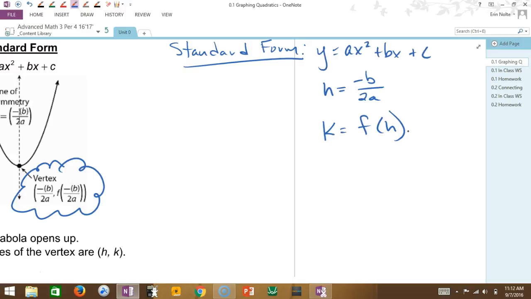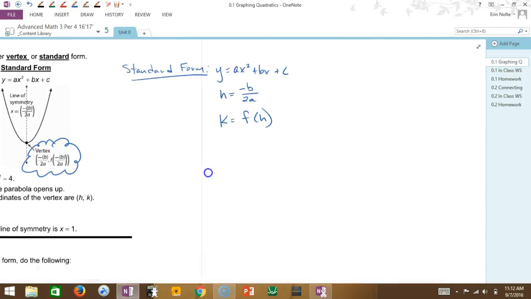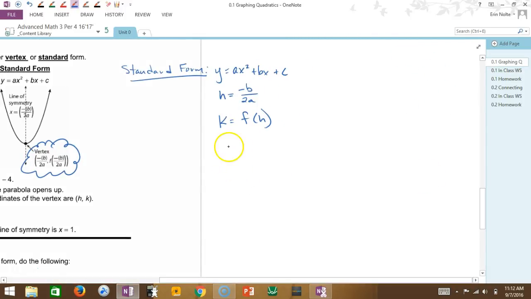Okay, so let's do an example. Let's see if we've got one over here. No, okay, I'm going to make one up. Example. Y equals 2x squared plus 8x minus 3. Okay, so let's start with the h.